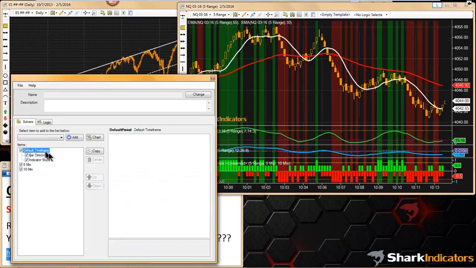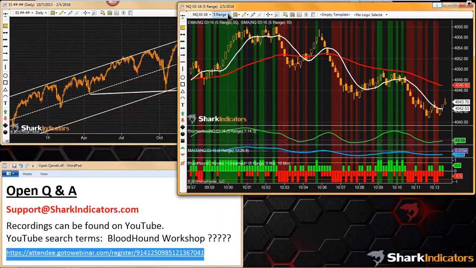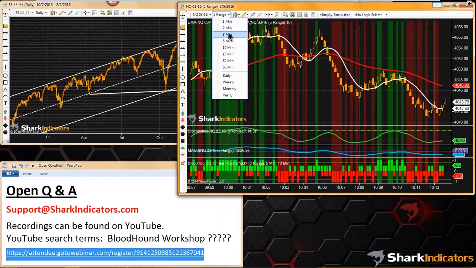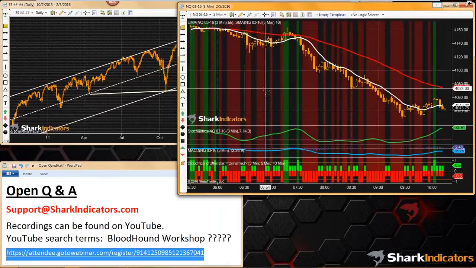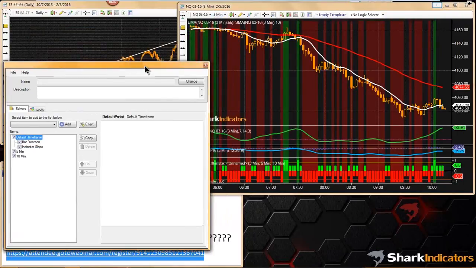So if you want to change the default time frame, you have to go here and change the time frame of your chart. So now the default time frame is a 3-minute chart there. So there you go.